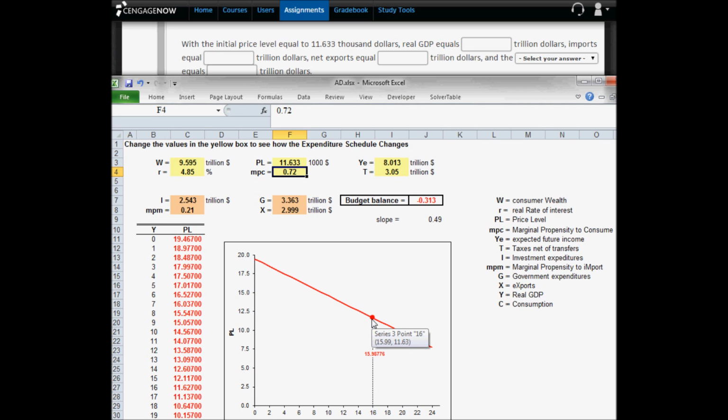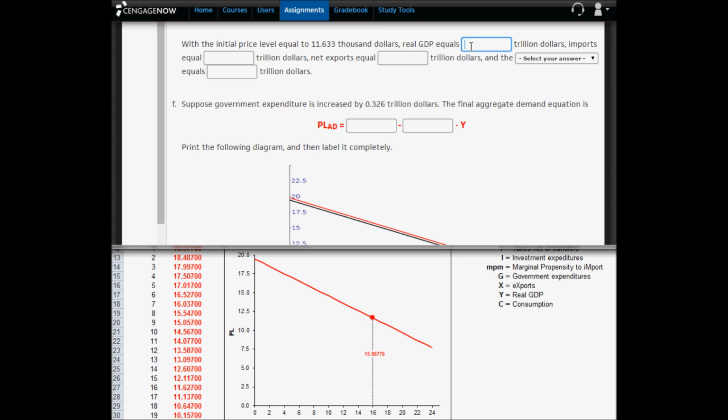So at this point, the price level is 11.633, and GDP looks like it's 15.98776. So I'm going to type here 15.98776.